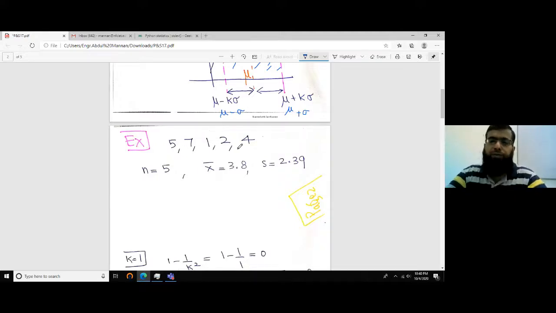We are given this range of numbers: 5, 7, 1, 2, 4. It's a small sample of n equal to 5, and in previous lectures we have computed its mean and standard deviation.